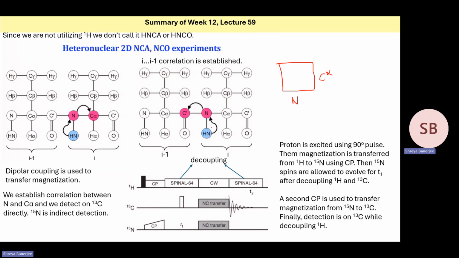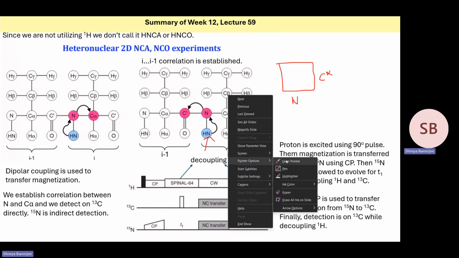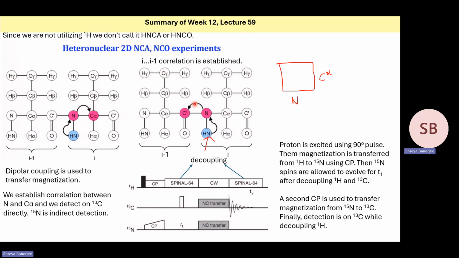In NCO, what happens? Again, you are starting from the amide hydrogen, but you are not detecting it. That is why it's seen in blue. It is coming to the N, but in NCA, it was going to the C alpha of the same residue. Now it is going to the C prime of the previous residue. So that's why it's called NCO, because you're detecting the CO carbon.